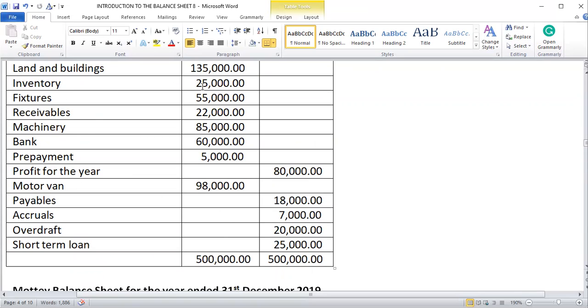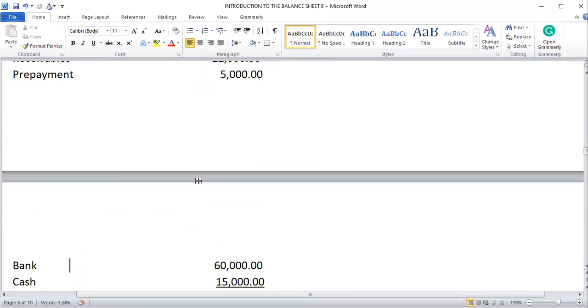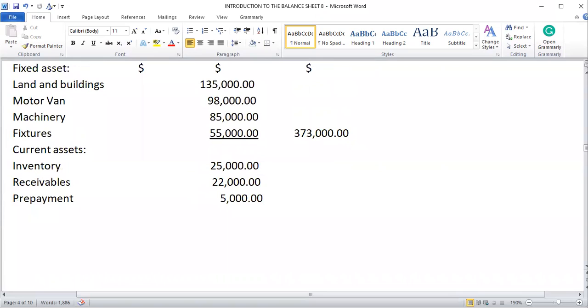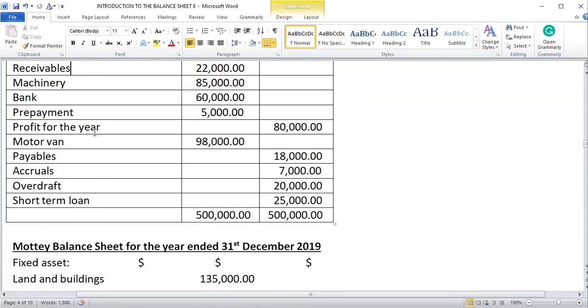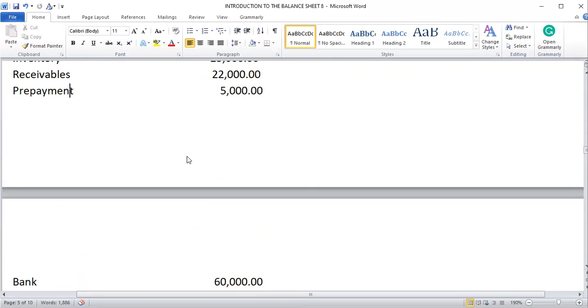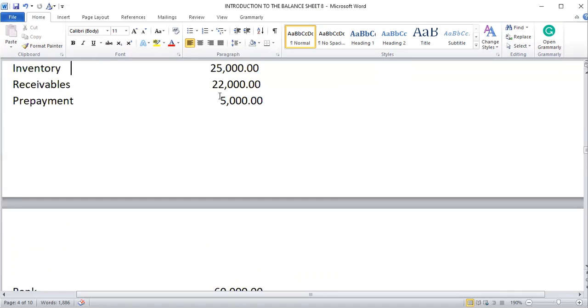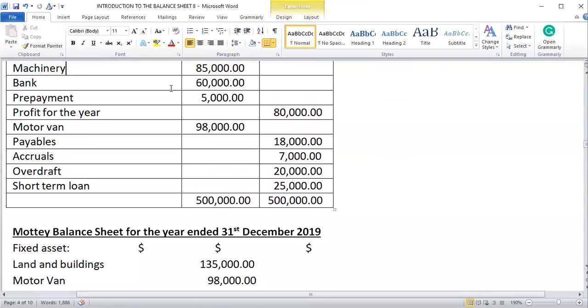Then we go to the current assets, inventory, $25,000. Receivables, $22,000. Prepayment, $5,000.